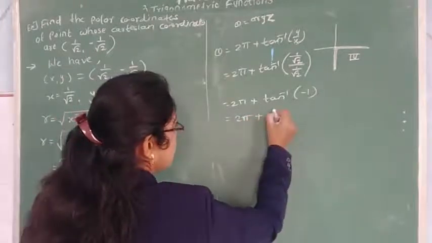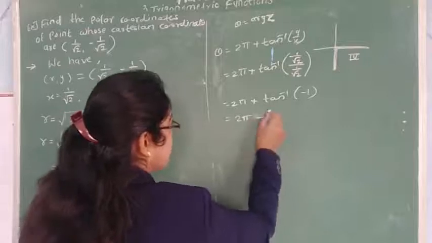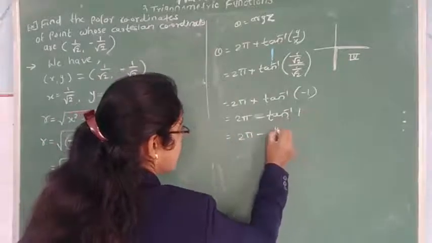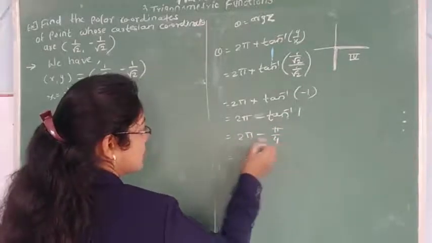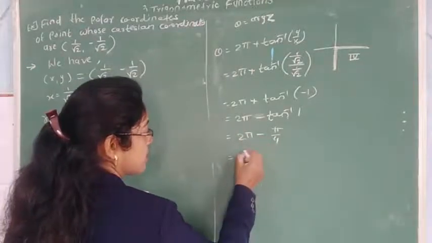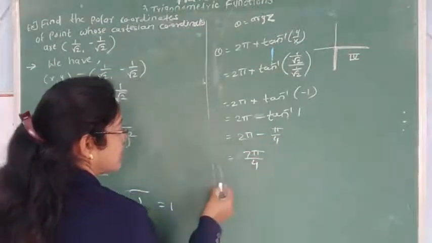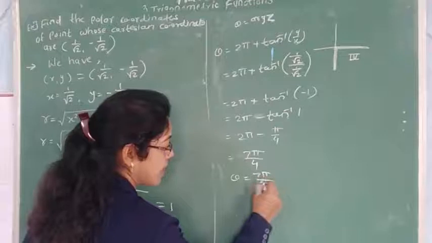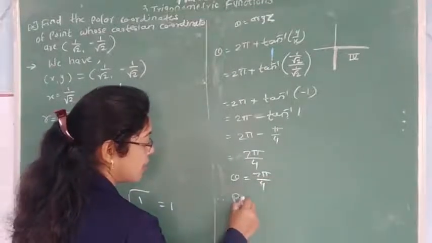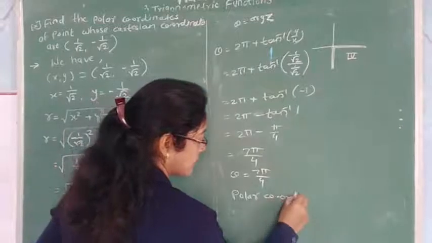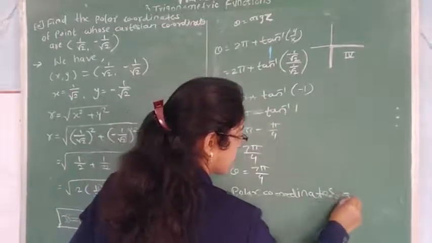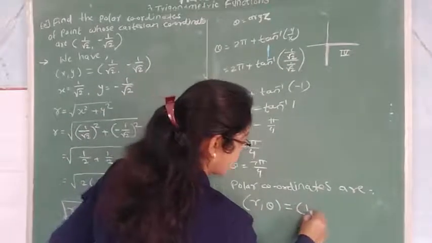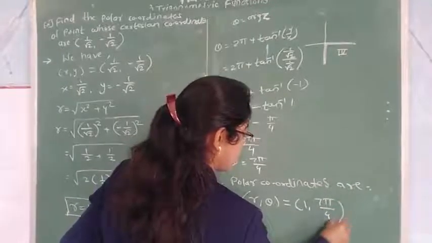So 2 pi plus tan inverse of minus 1, and tan inverse of minus theta is minus tan inverse of theta, and tan inverse of 1 is pi by 4. So 4 into 2 is 8, 8 pi minus pi is 7 pi by 4. So the value of theta is 7 pi by 4. Therefore the polar coordinates are r is 1 and theta is 7 pi by 4.